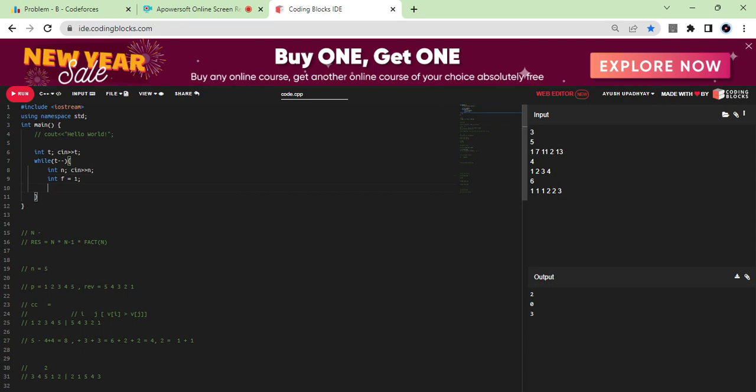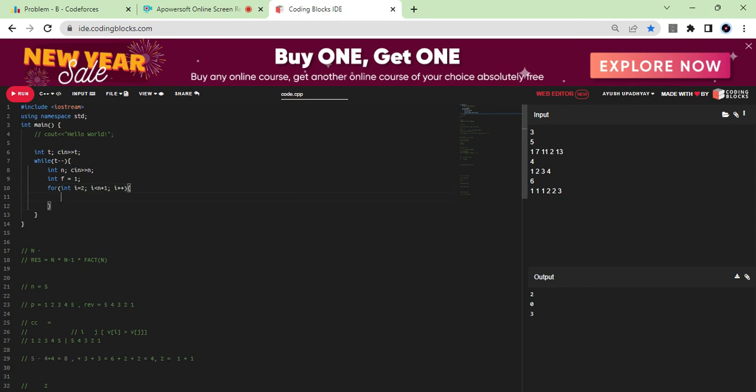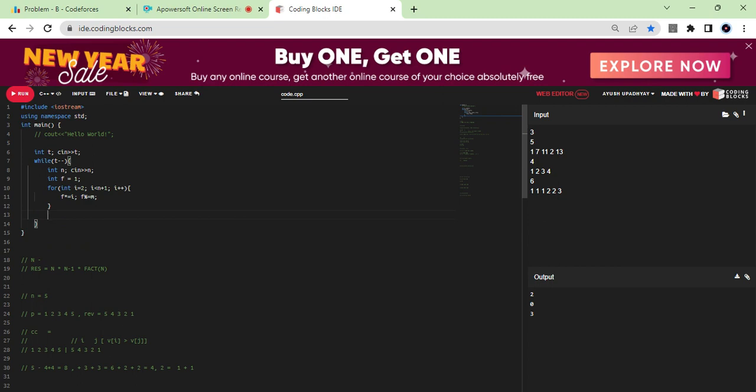Now instead of while, you can do for int i is equal to 2, i less than or equal to n, or you can say n plus 1, i plus plus, f multiply equal to i, f mod equal to mod, because you have to take mod, they have said. So I'm just writing m. So this will give you a perfect factorial of this number, 1, 2, 3, and so on.